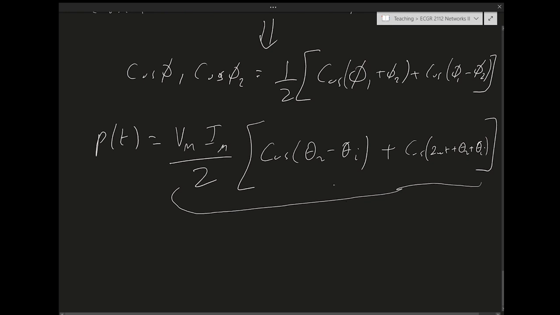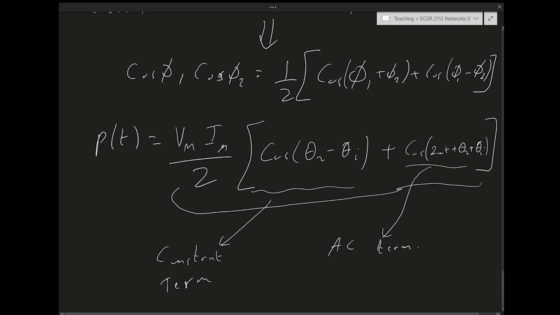Notice the instantaneous power has a constant term, right? Cosine of theta v minus theta I is constant, it does not vary with time, while this is the AC term of the power.